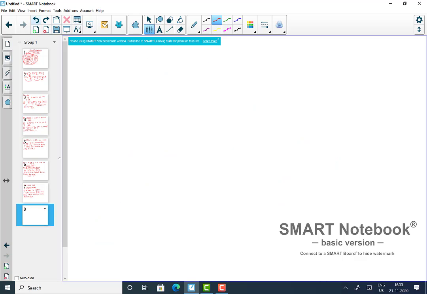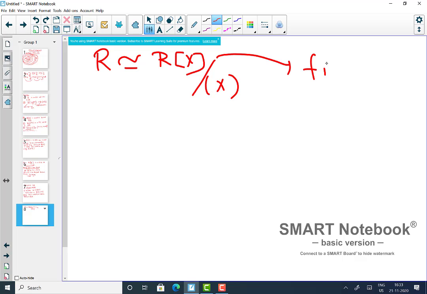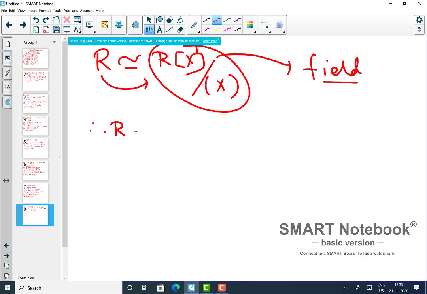So if you quotient out by that maximal ideal, R[x] mod (x) is a field, because quotienting an integral domain by a maximal ideal gives a field, and this is also isomorphic to R. So that means R is a field. Okay, so this is the proof that whenever the polynomial ring is a principal ideal domain, the original ring must be a field.